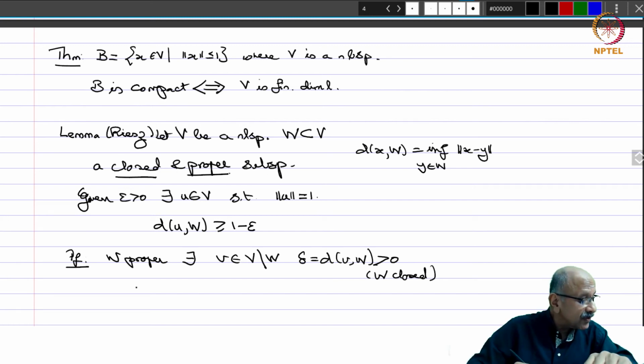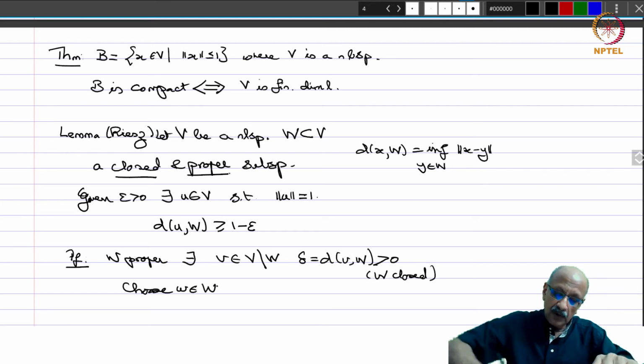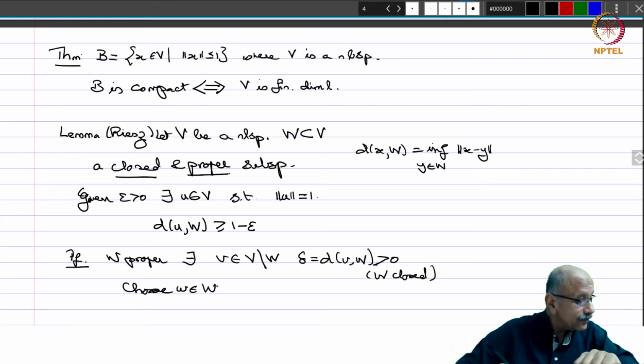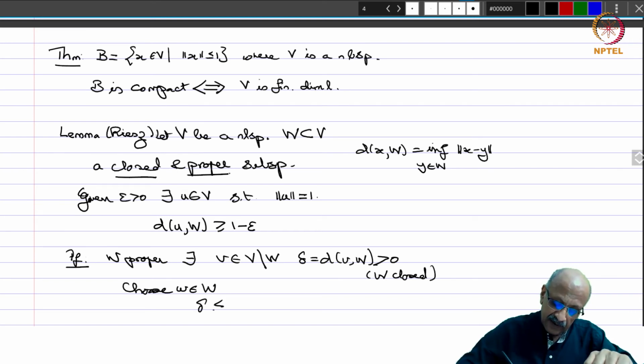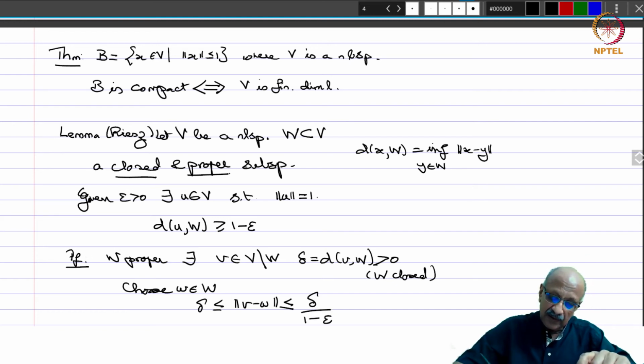So, choose w in W such that delta is less than or equal to norm of v minus w, that is always true. But then because it is an infimum, it can be made less than or equal to something slightly bigger. So, I will put delta by 1 minus epsilon. 1 minus epsilon is less than 1, so this is slightly bigger than delta.